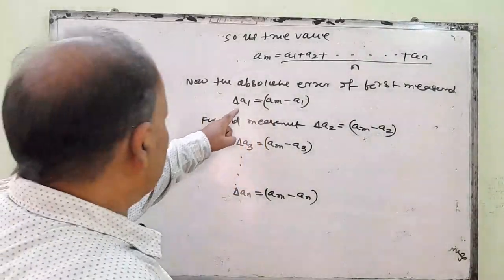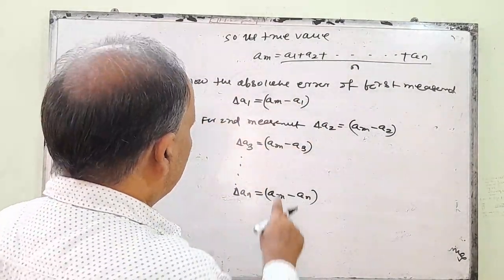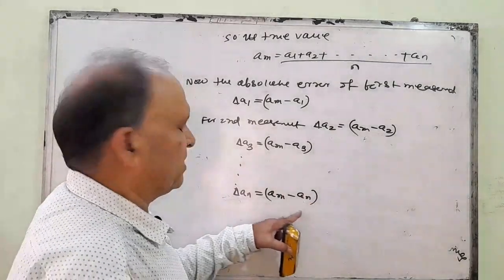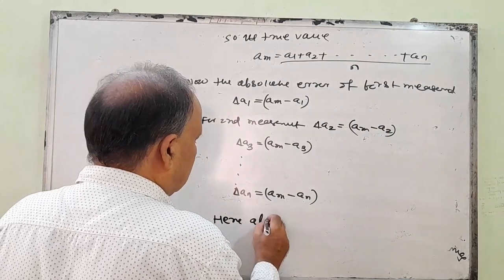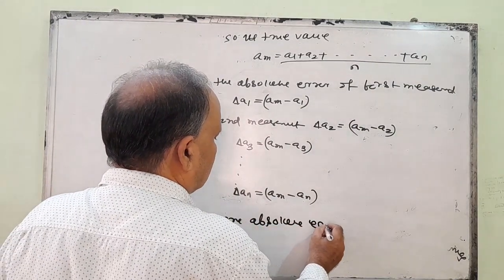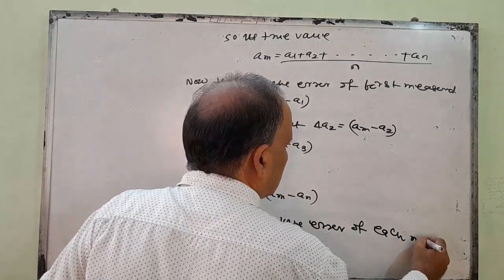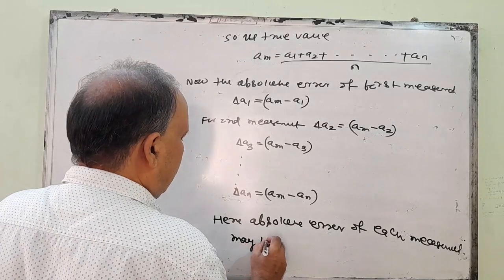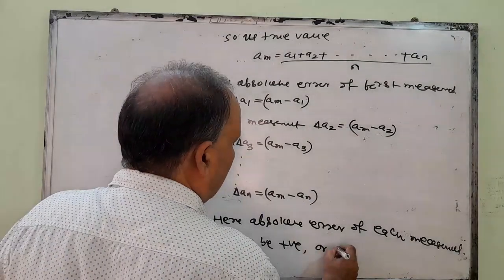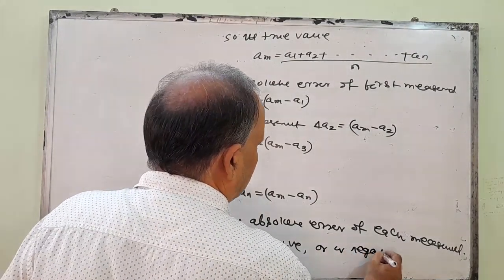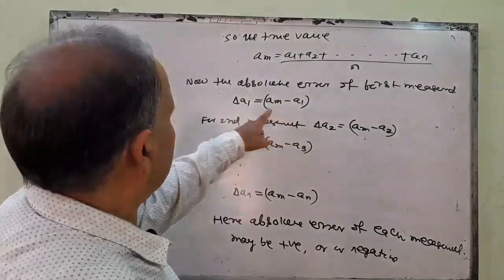You see, this absolute error of each measurement may be positive, it may be negative, or in some cases it may be zero. In some cases, mean value is greater than individual measurement.